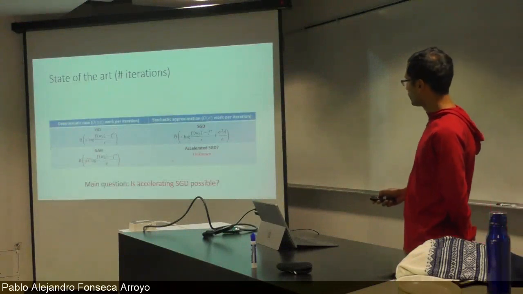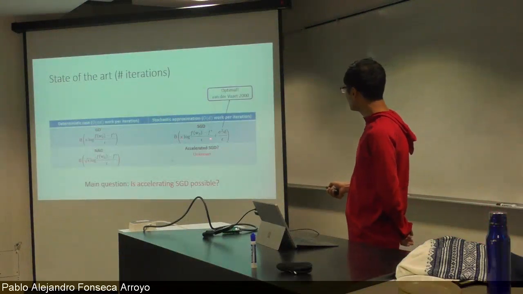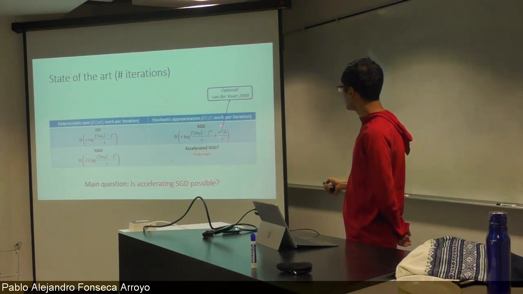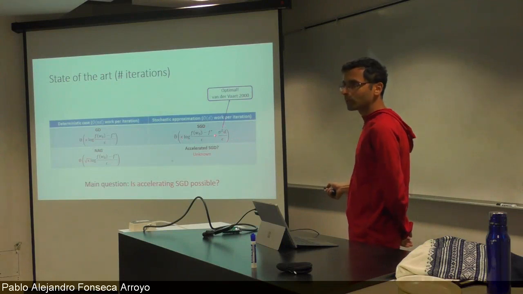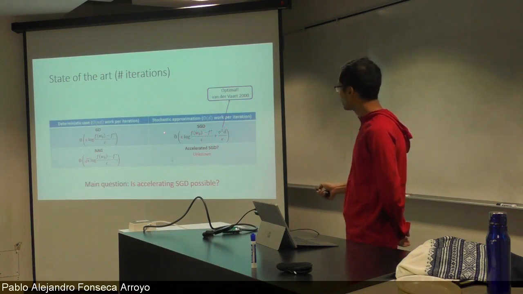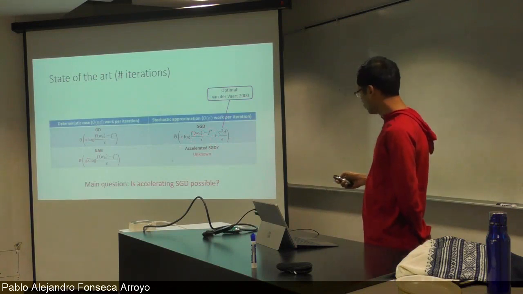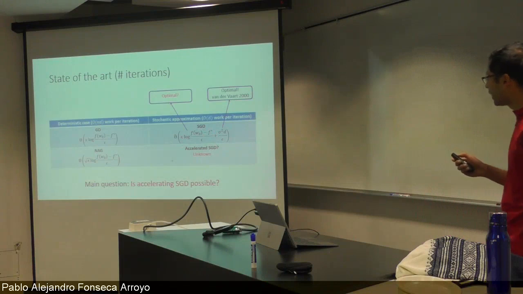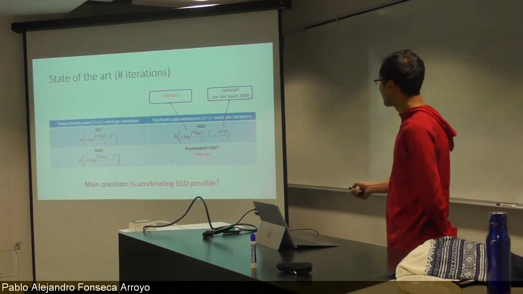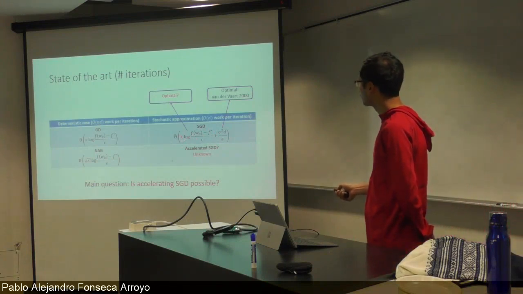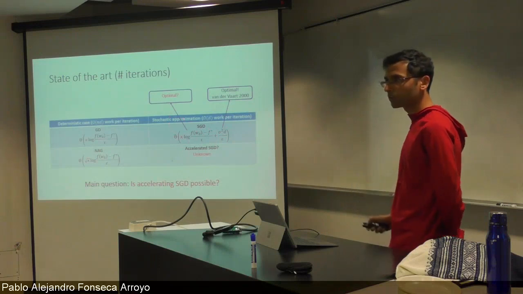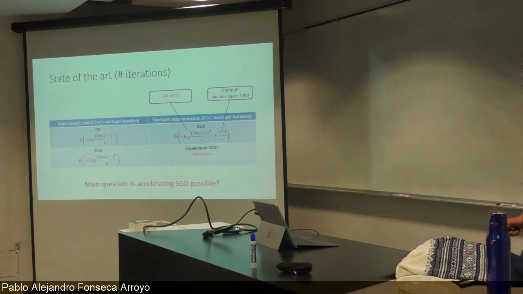I need to qualify this a bit more, because it turns out that at least the second term is statistically optimal. There is no algorithm that can improve upon this second term, so all you can improve is only the first term. More precisely, can we improve this dependence on the condition number kappa? Okay, is the question clear?